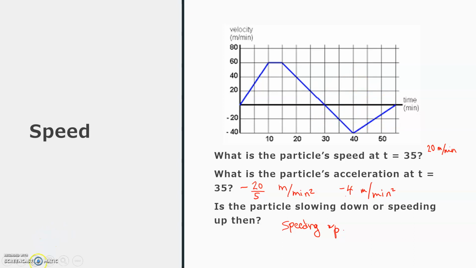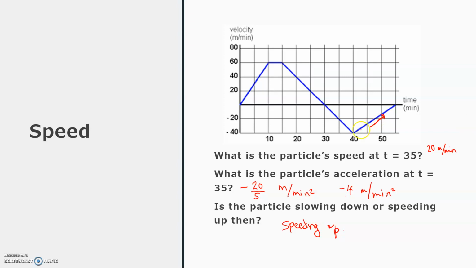The other way to think about speeding up versus slowing down is if the sign of velocity is negative and acceleration is negative, if they match, then the particle is speeding up. If the sign is different, if the velocity is negative and the acceleration is positive, then your particle is actually slowing down.